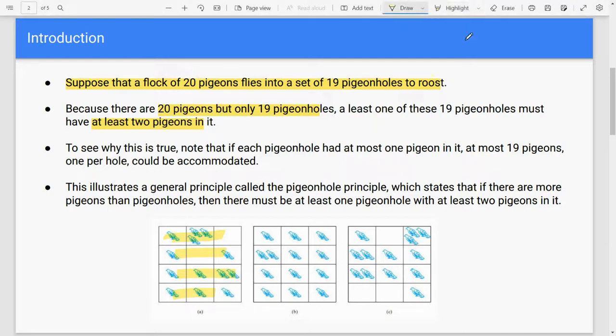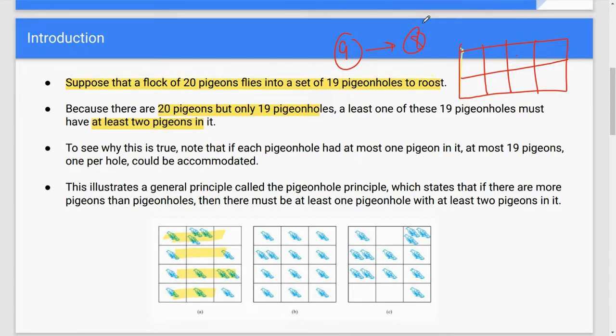Let's understand this: say there is a box with one, two, three, four, five, six, seven, eight compartments. Let's say there are a total of nine pigeons, and we have to keep those nine pigeons into eight boxes. Randomly choose a pigeon and distribute it into some box.